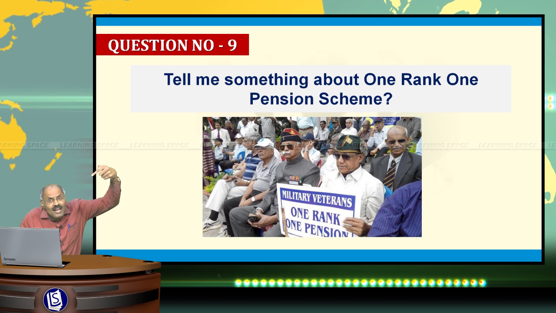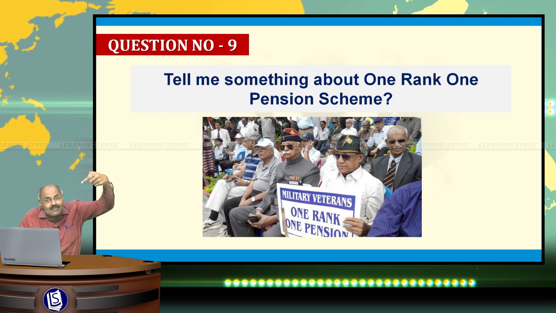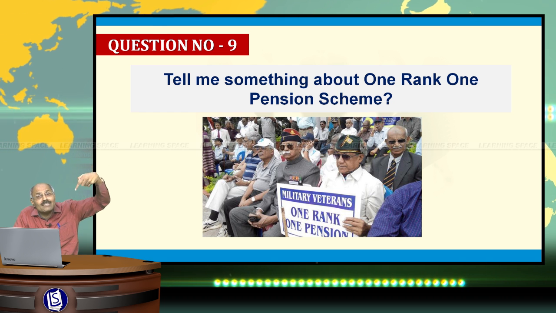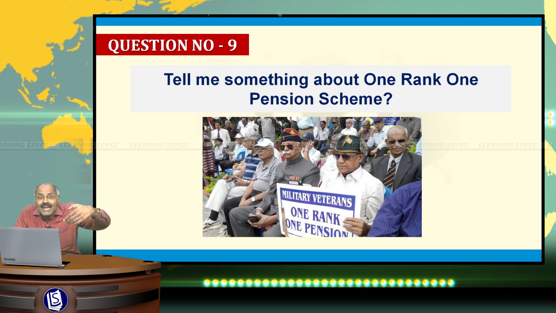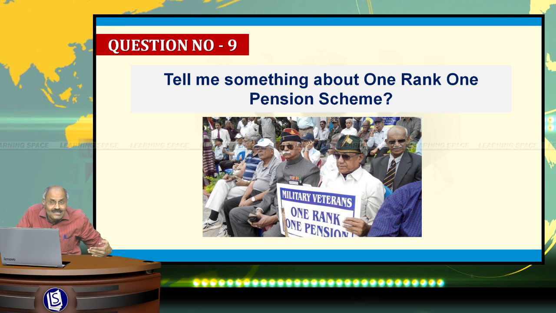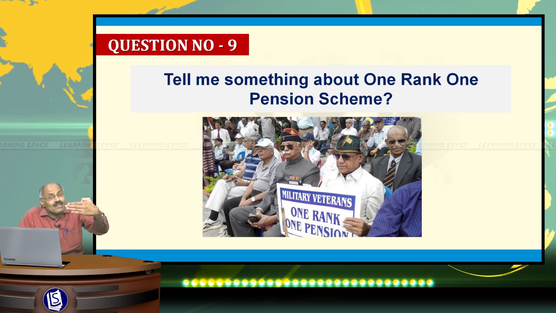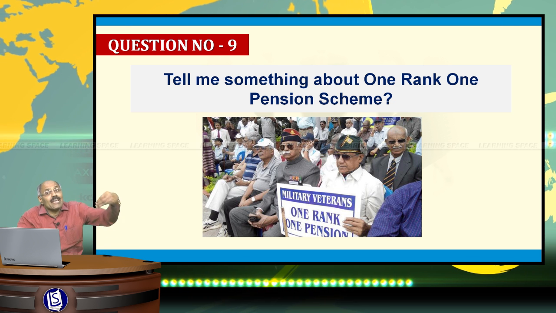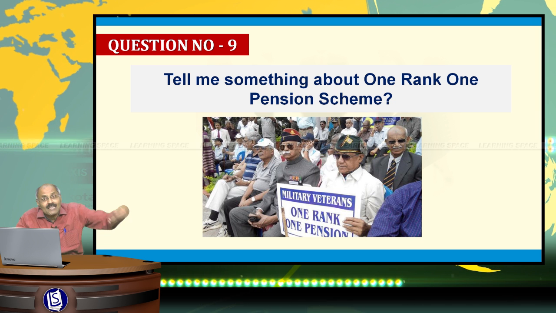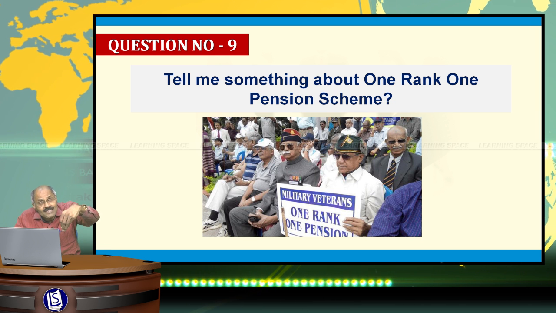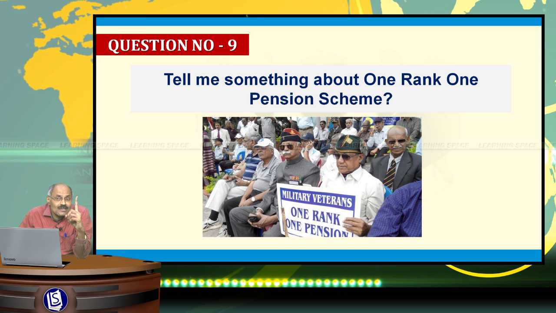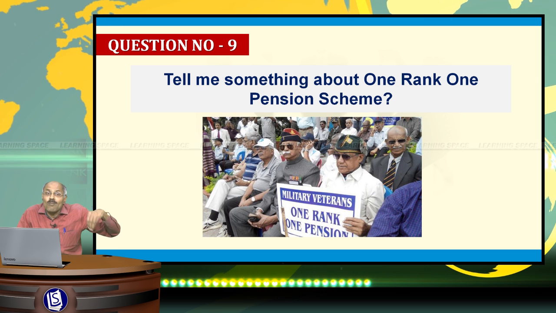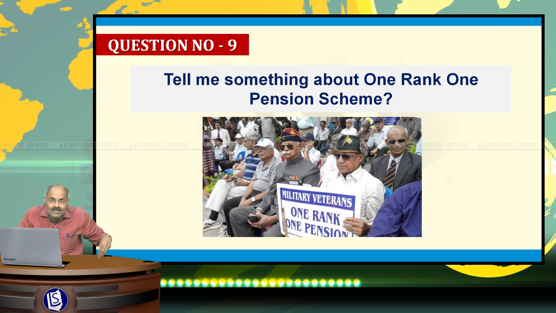Another Havaldar retired in 2000. Irrespective of date of retirement, based on the length of service and rank, if both retirees have the same rank and same years of service, they should get the same pension. That is the concept of One Rank One Pension scheme.